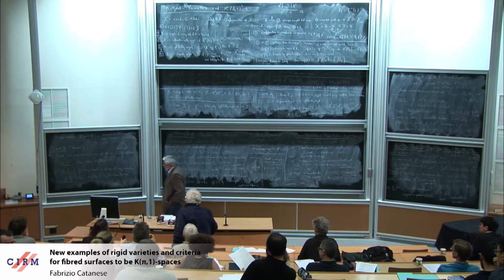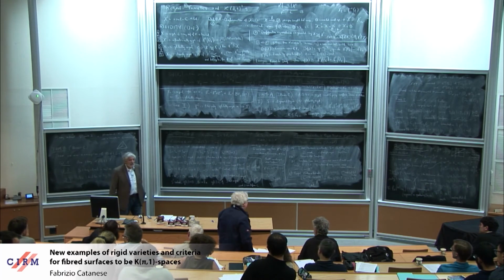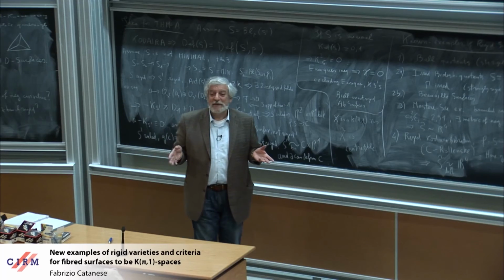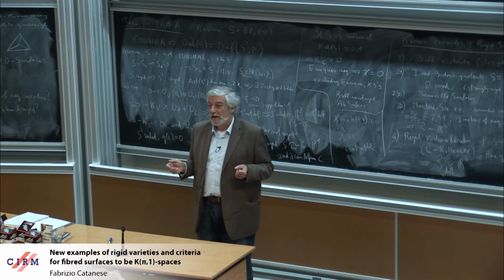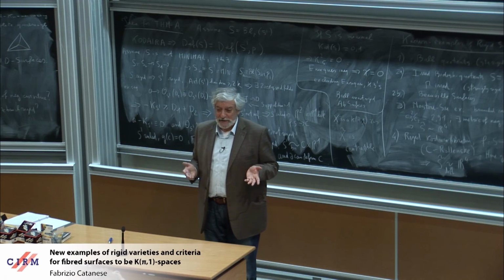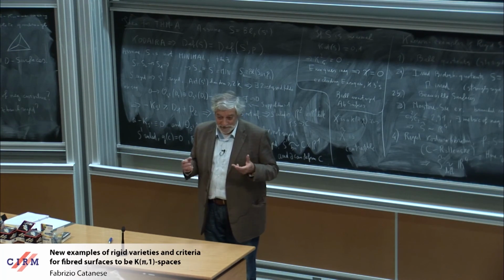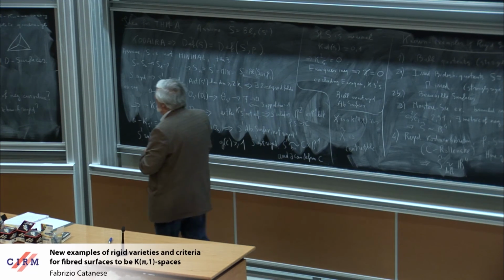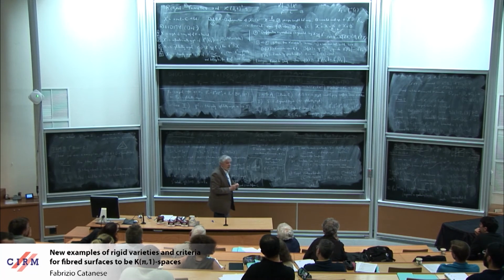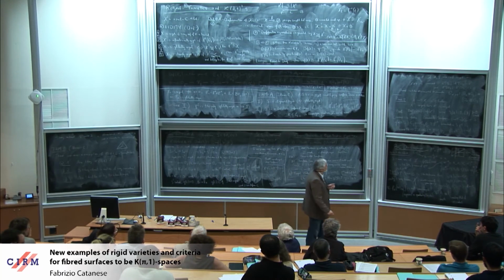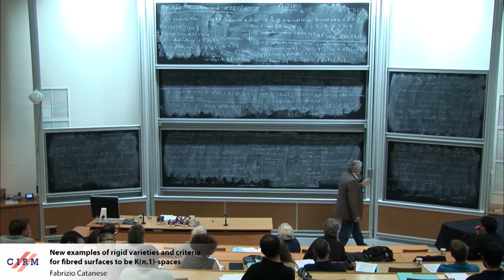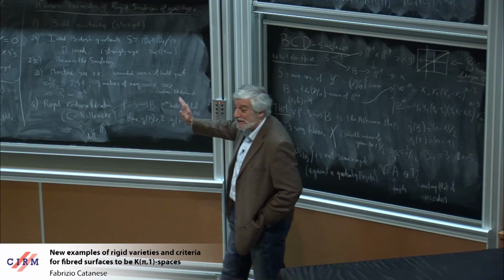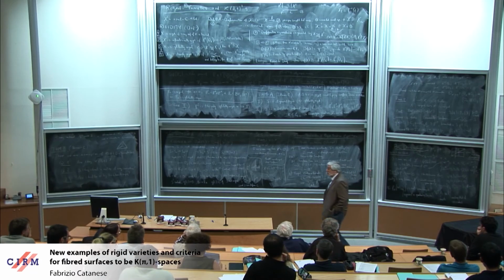About question 1, I know that the universal covering is a CW complex of dimension 2. What is important is that this fibration is homologically trivial, locally trivial.